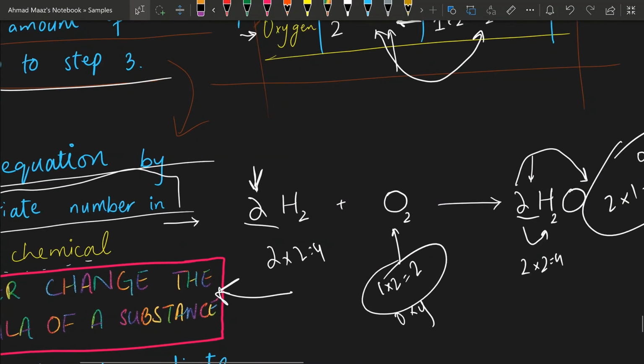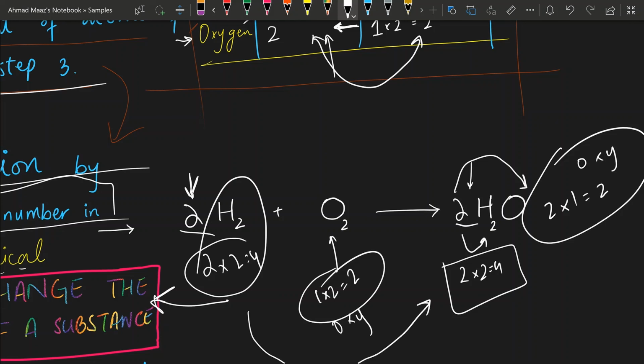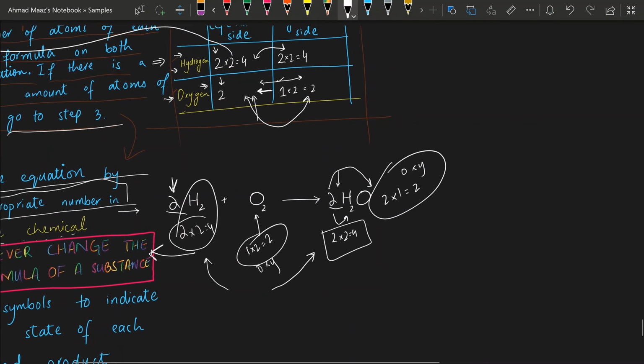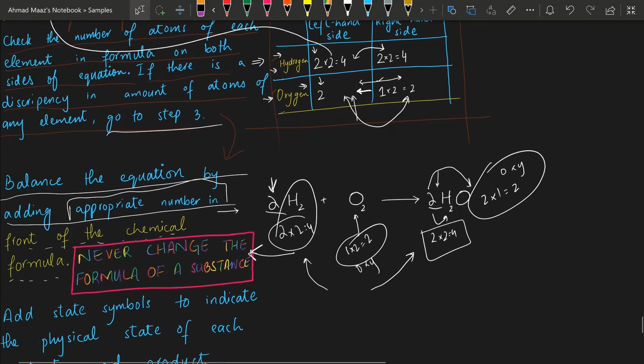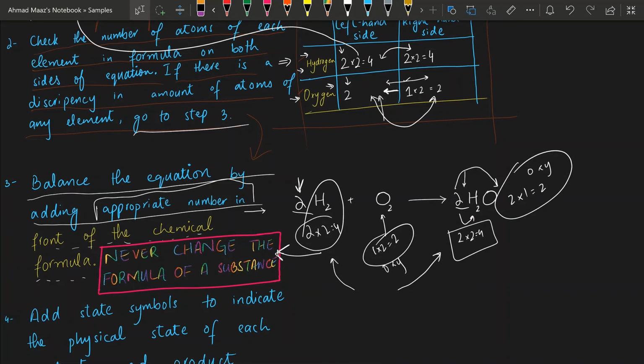Similarly, the number of hydrogens on the left hand side is equal to the number of hydrogens on the right hand side. Alright, so hydrogens are balanced, oxygens are balanced, and hence our equation is now balanced.